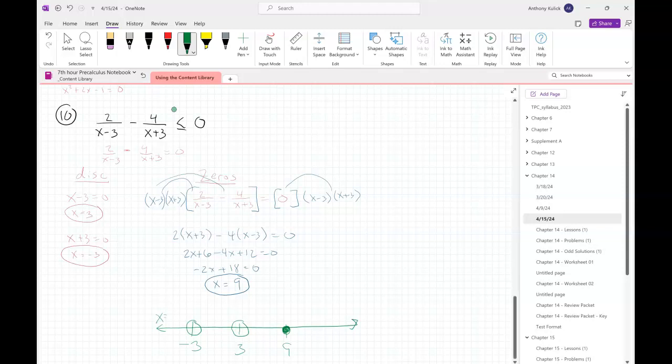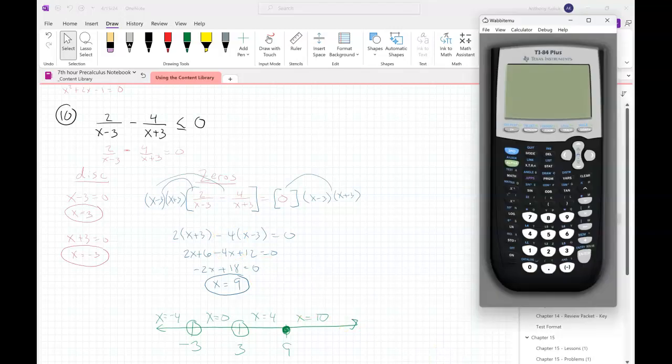And now I'm just going to pick some test values and plug in to see if I'm going to get positive or negative results. My suggestion to you on a problem like this that's kind of difficult to plug in, where you're going to have to deal with some fractions, is to just do this all in my calculator.